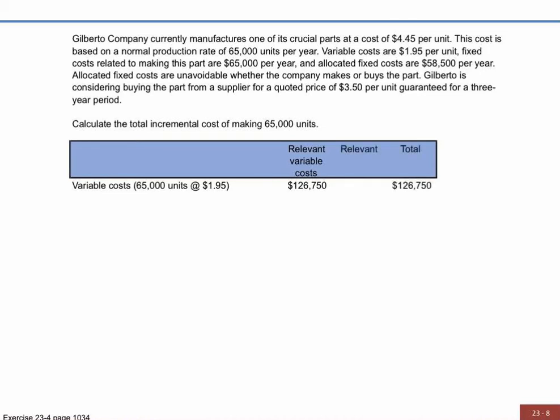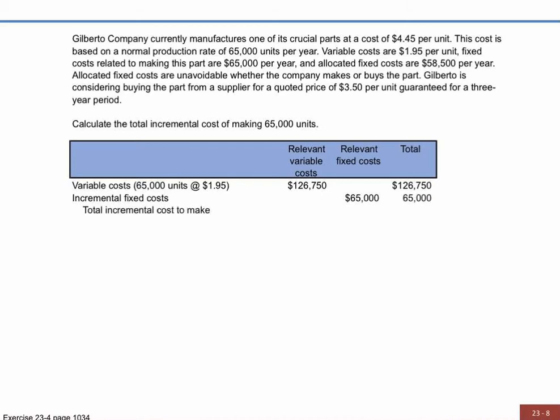We're also going to look at the incremental fixed cost. So we have allocated fixed costs of 58,500, and we have an incremental fixed cost associated with these 65,000 units of $65,000.